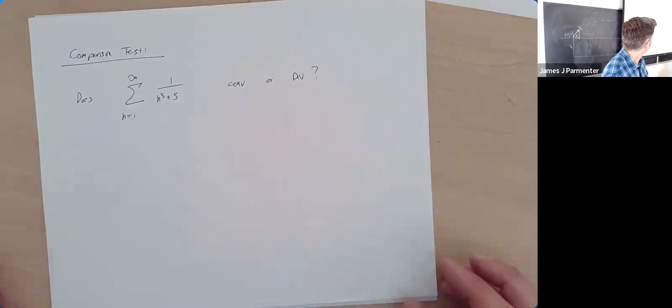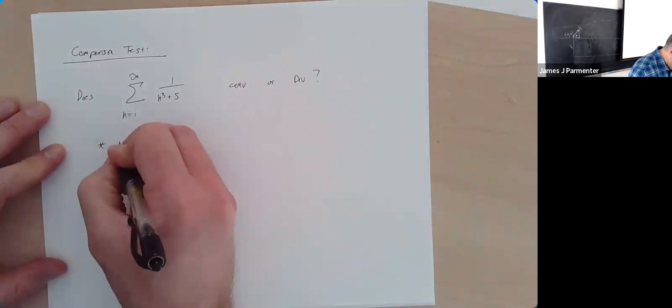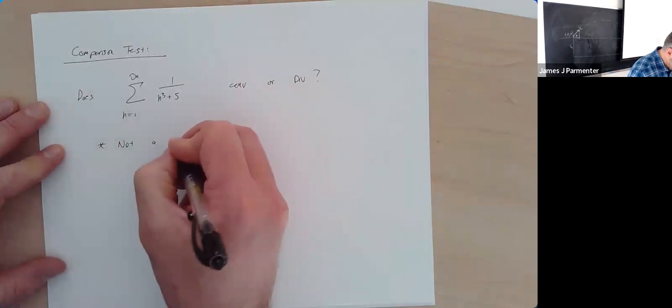Anyway, it's almost like a p-series, but it's not a p-series. So I want to stress here, we can't say it converges as a p-series. So, point of fact, not a p-series.